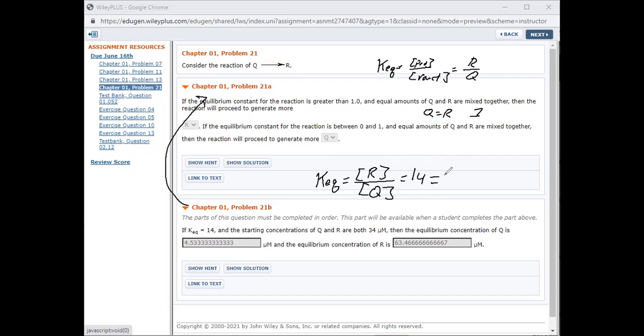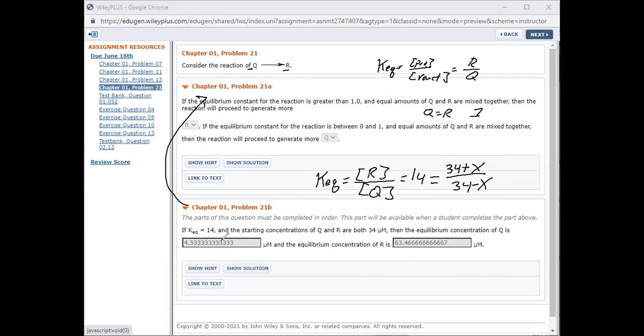And it needs to be greater than 1, which means if we start at 34 for R, we have to add some amount of R. So I'm going to say that's plus X. And for Q, we're going to lose the same amount of Q that is given to R, because if we look at the ratio, every 1 molecule of Q makes 1 molecule of R. So R gains plus X, Q loses minus X. And then you just solve for X and add them back here.